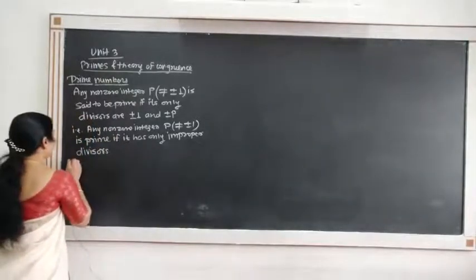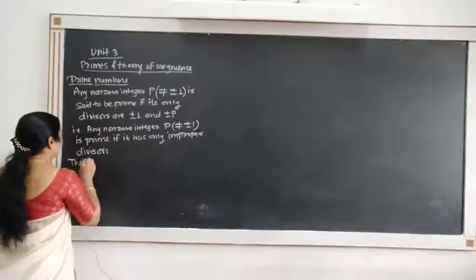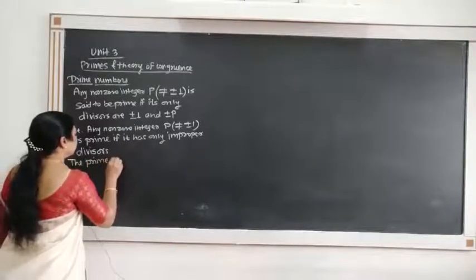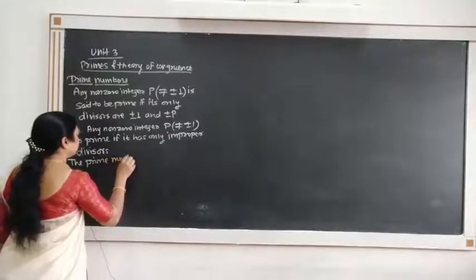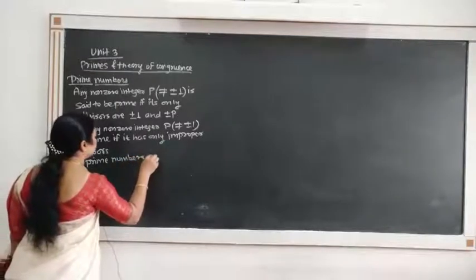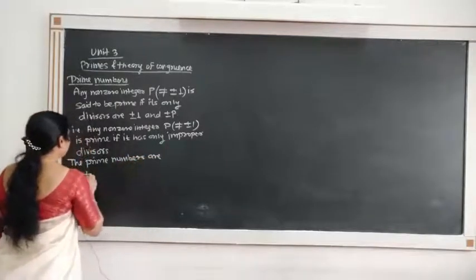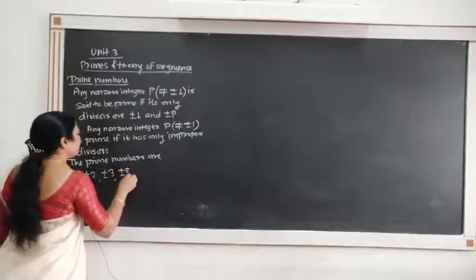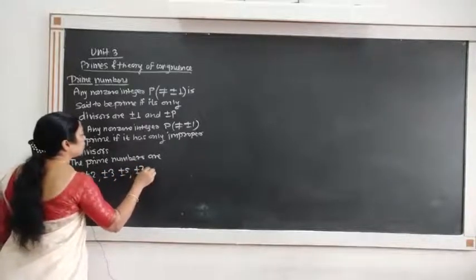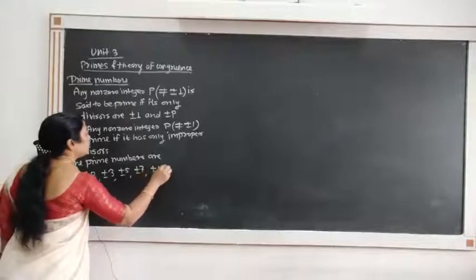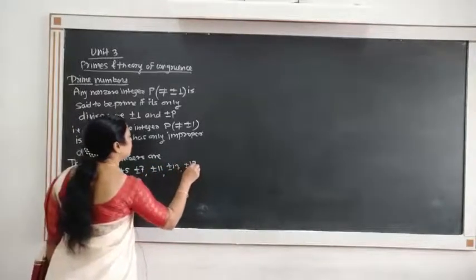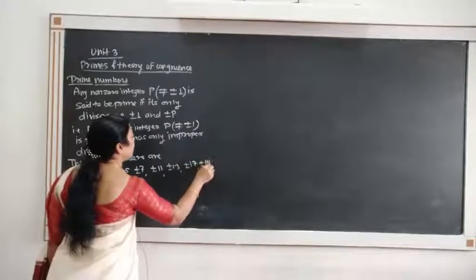So the primes are plus minus 2, plus minus 3, plus minus 5, 7, 11, 13, 17, 19 and so on.